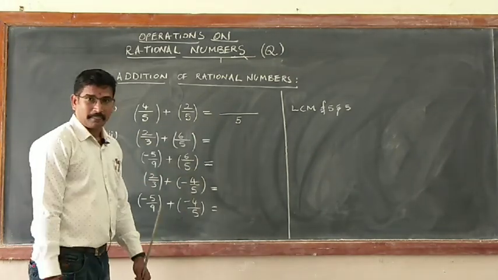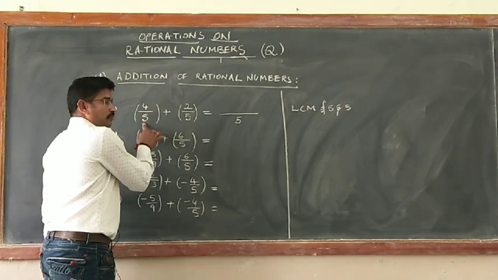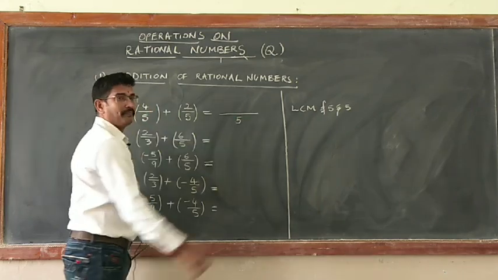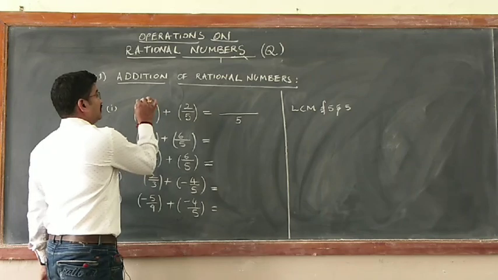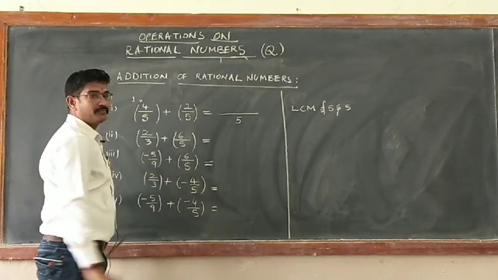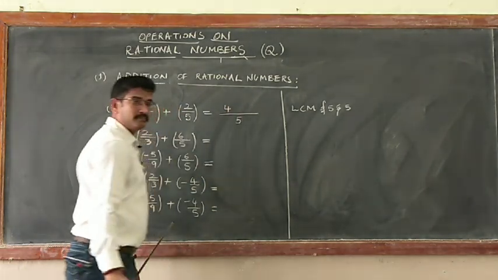Here LCM of these 5 and 5 is 5. Now, this denominator 5, how many times of this LCM? It is 1 time. So, that number is multiplied to this numerator. So, 4 into 1 is 4.